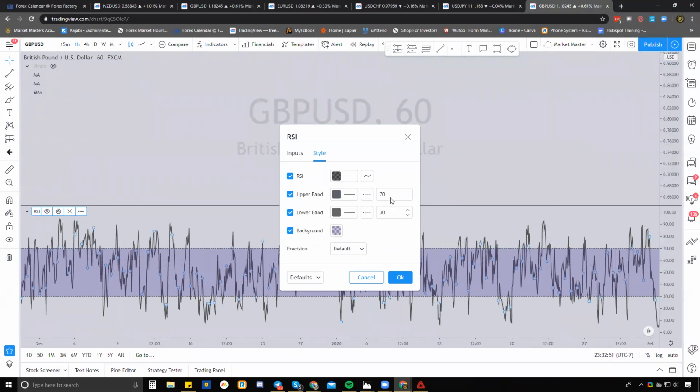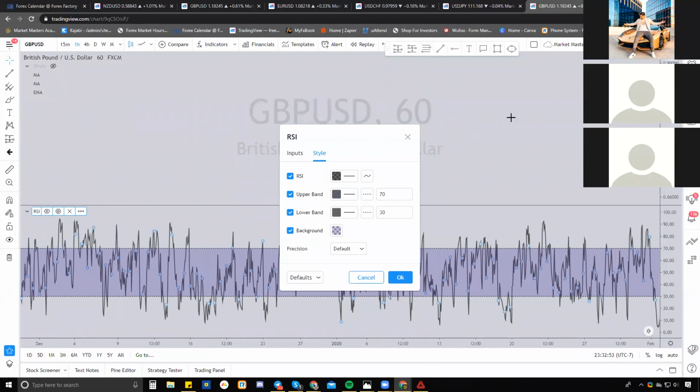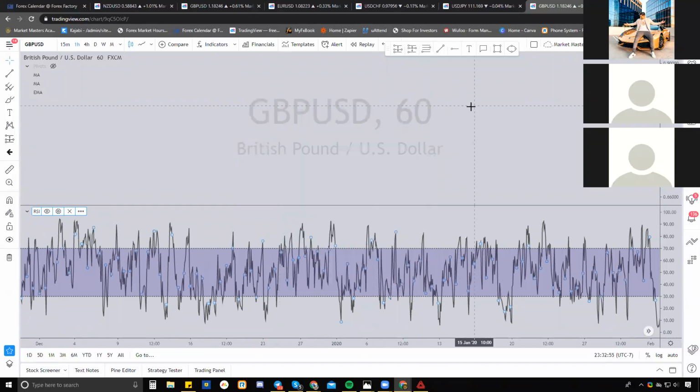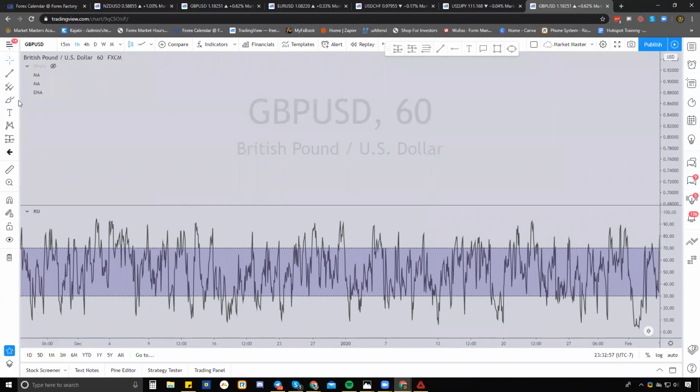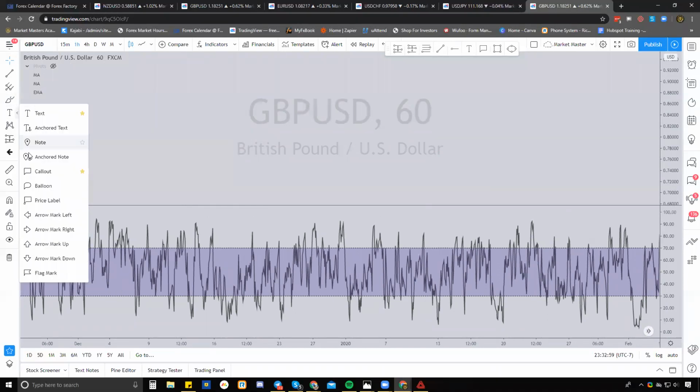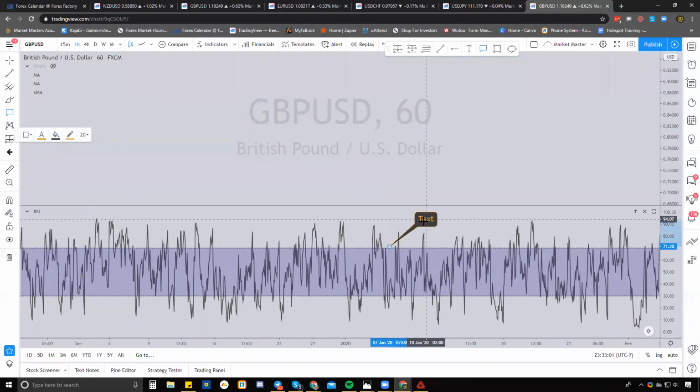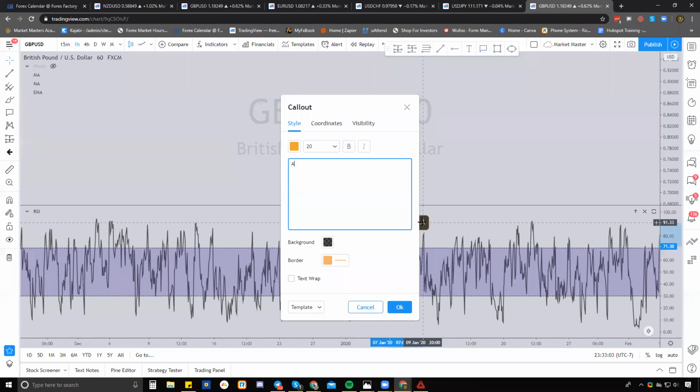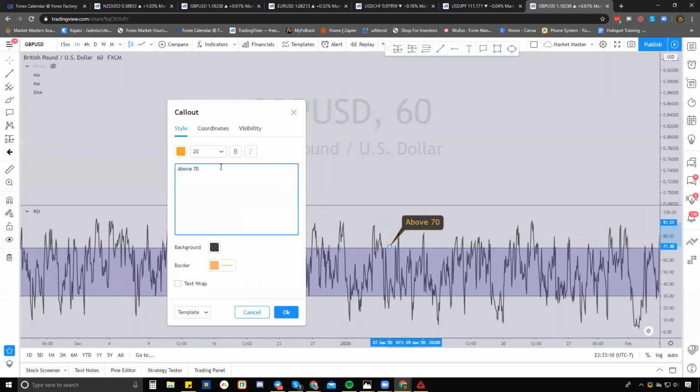And the upper band is 70, lower band is 30. Now, anything above the 70, so above the 70, move this over. So above 70 equals overbought section.